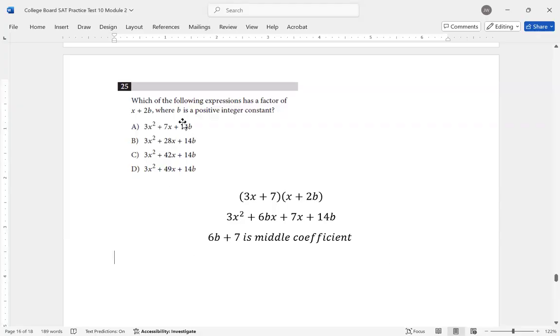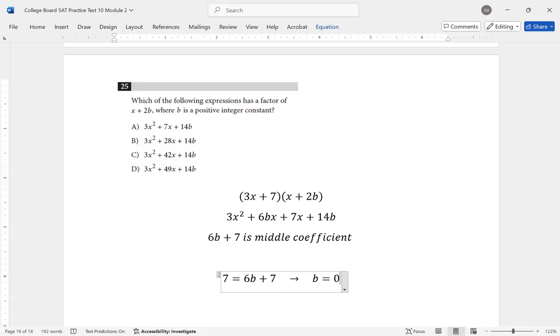And the other thing is b is a positive integer. So let's imagine that 7 is my option. If 7 is the middle coefficient, then 7 would have to be equal to 6b plus 7, and then therefore b would have had to have been 0.